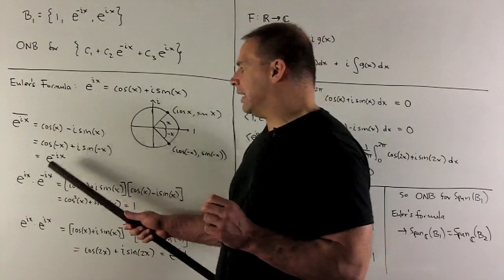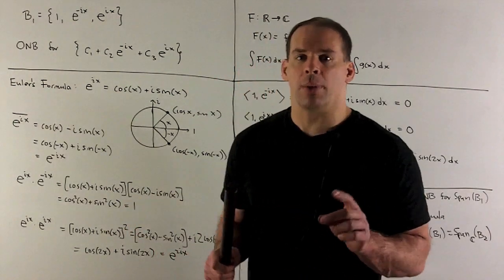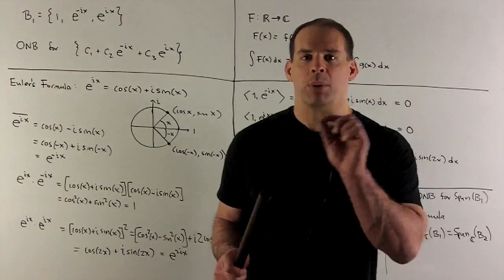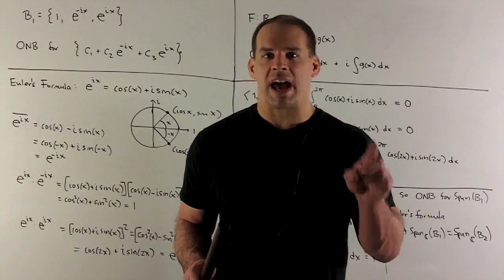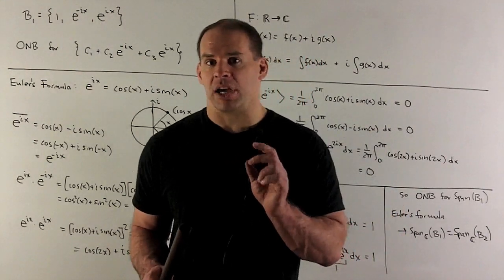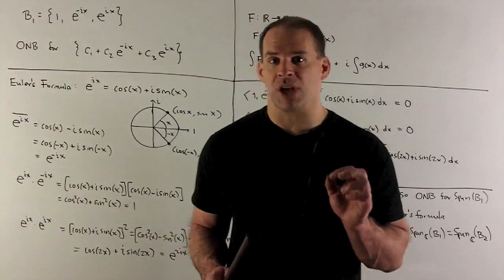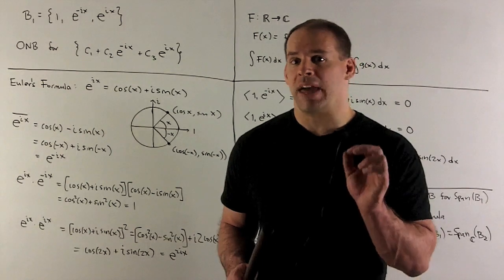I could also write e to the minus ix in terms of cosine and sine. So the idea here is we're just kind of pushing around the vectors. They're not going to produce anything that's outside the span of the other one. The other thing we still need to see is I can write sine and cosine in terms of e to the ix and e to the minus ix. And we'll do that on the next board.